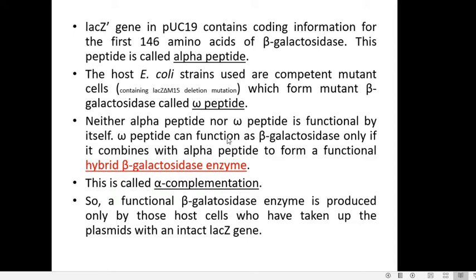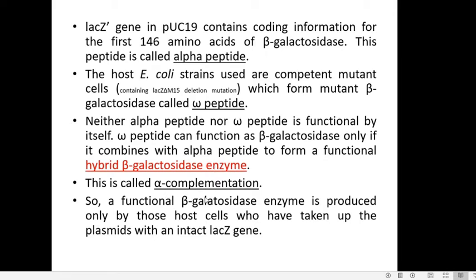So, the omega peptide produced by the host cell will become functional beta galactosidase only if it combines with alpha peptide. And where is this alpha peptide present? Alpha peptide is produced by the lacZ gene and the lacZ gene is present with the vector. So, the activation of omega peptide by alpha peptide is called alpha complementation.